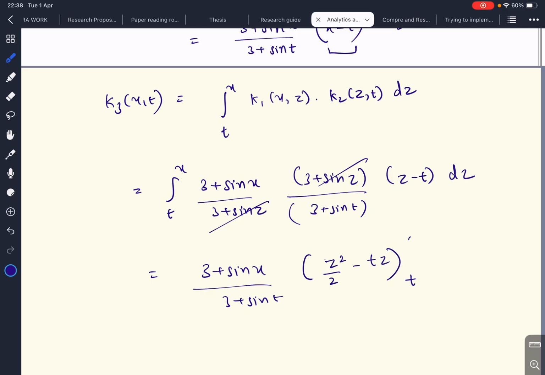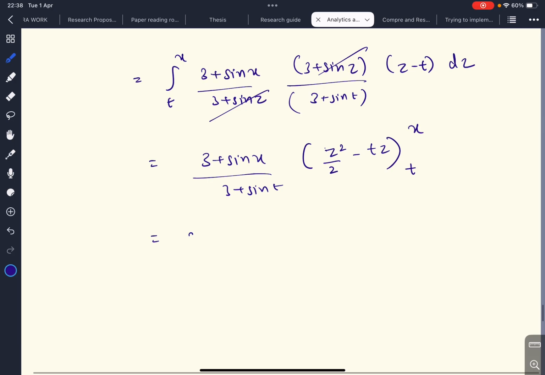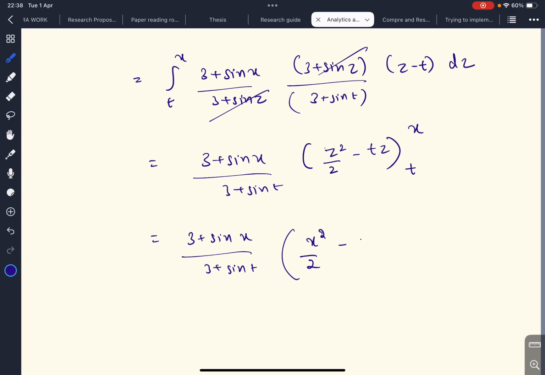You put it from t to x, so it will be 3 plus sin x upon 3 plus sin t times, if we put x here, x square by 2 minus xt, minus t square by 2 plus t square.